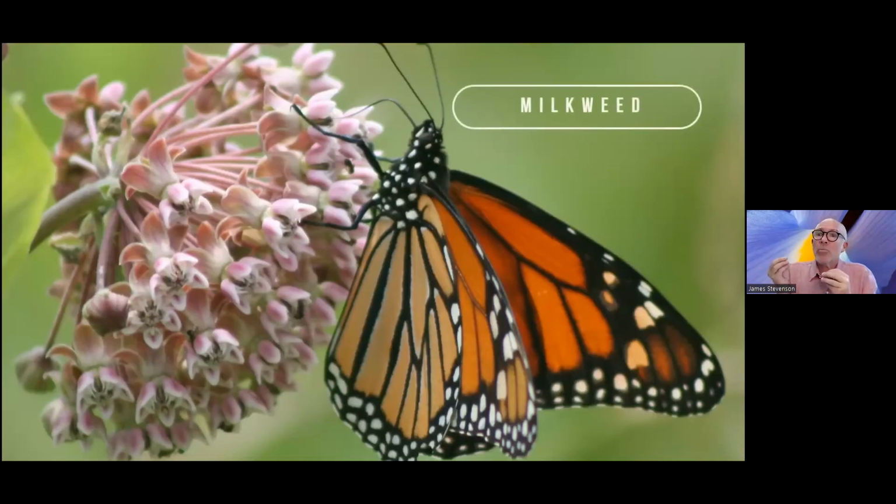So plants have to adjust for that. Plants have to adjust for nectar thievery, and milkweed has done just that. Milkweed's not going to let somebody just come and steal its nectar. It's going to make things hard, and it's going to use a little bit of tactical intelligence, the milkweed. Here's a typical milkweed flower.